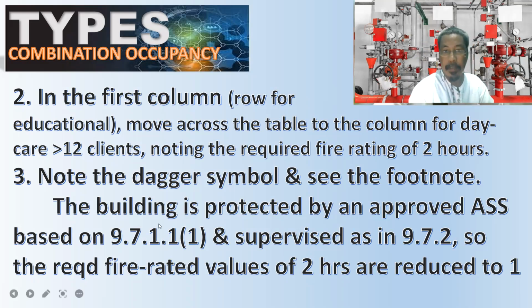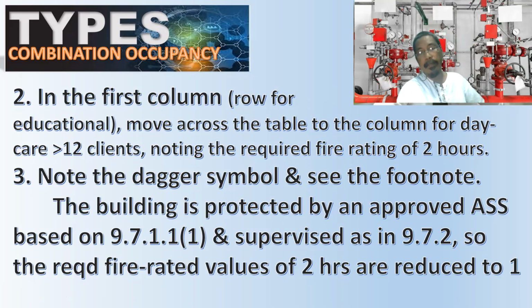The building is protected by an approved automatic sprinkler system, based on 9.7.1.1 and supervised as in 9.7.2. So the required fire rated values of 2 hours are reduced to 1.